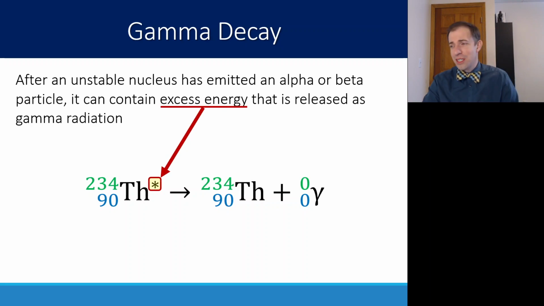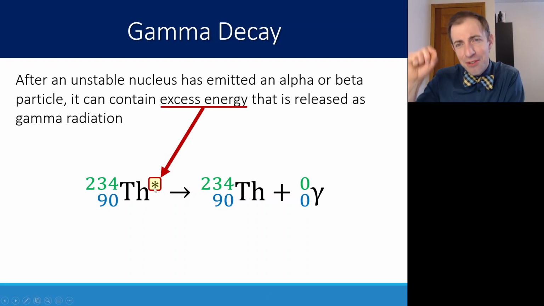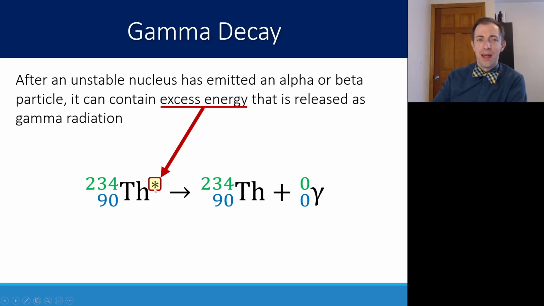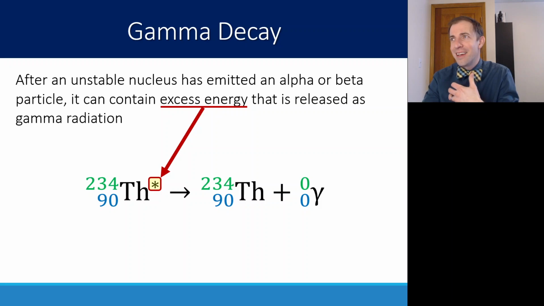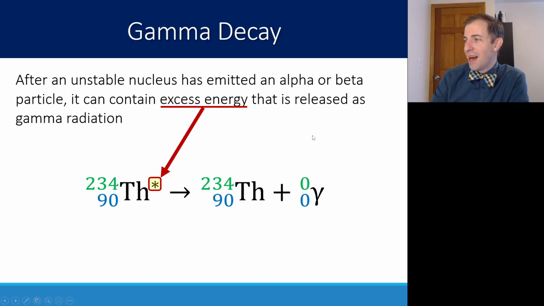That excess energy we represent as a little asterisk attached to that thorium nucleus, and it emits this energy in the form of pure energy. So a gamma wave. This symbol here is the symbol gamma, and we are going to use that to define a photon of light being emitted out from that nucleus.